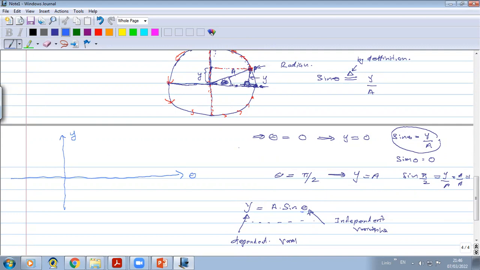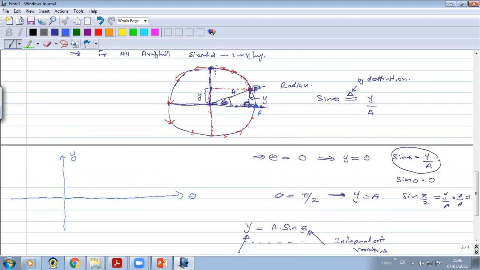Let's say we start with theta 0. That means P is at this point. Now theta is equal to 0, then sine theta is also equal to 0, then y is equal to 0.